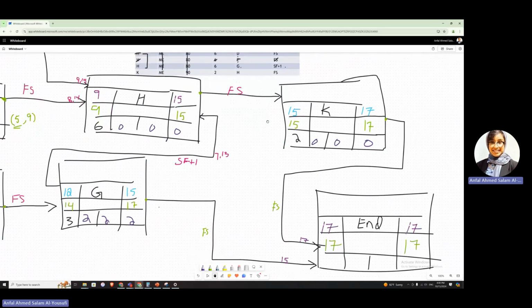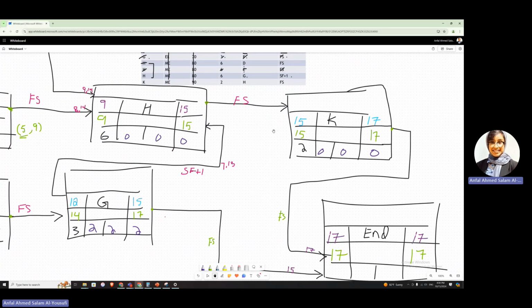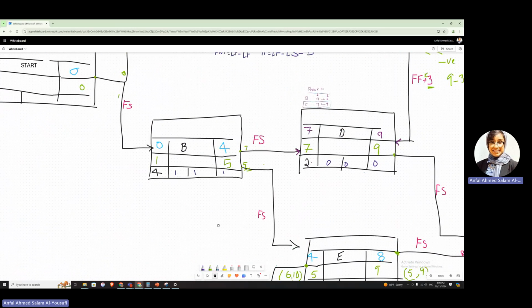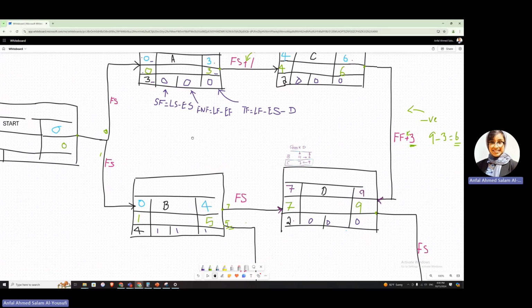The last thing to remember is how would we know what is in the critical path? Critical path means that if any delay happened in any of these, it would cause a delay in the project, meaning you cannot delay any day in this project. So how would we know which activities we are supposed to consider?